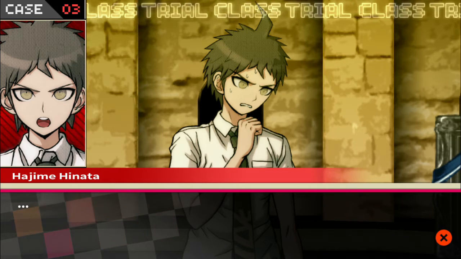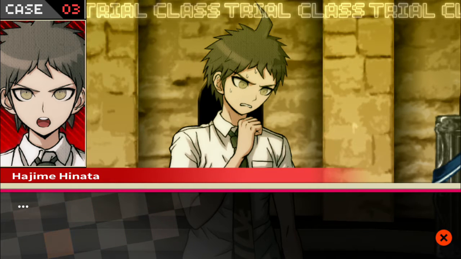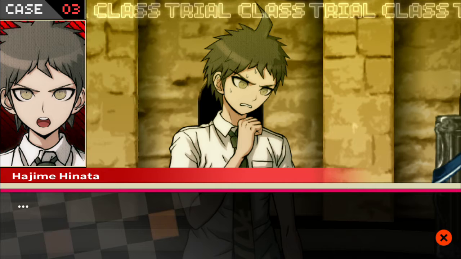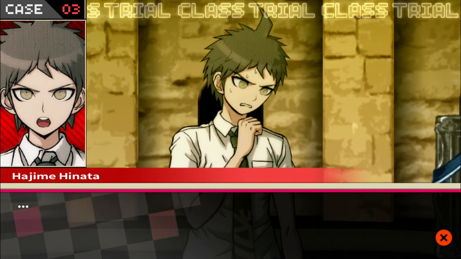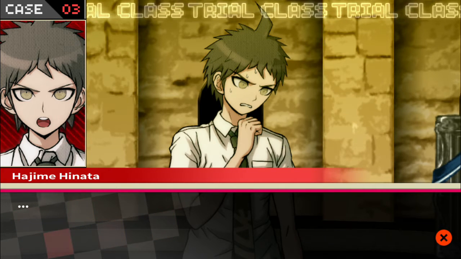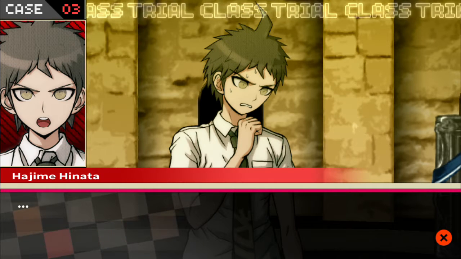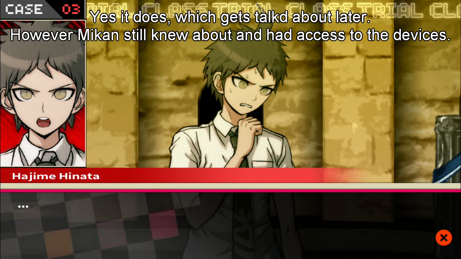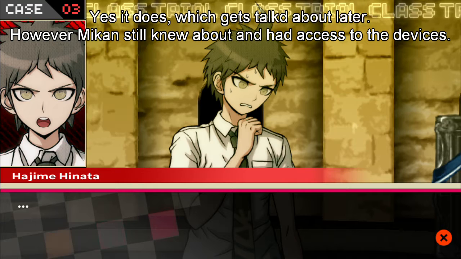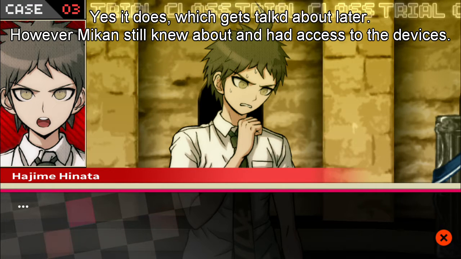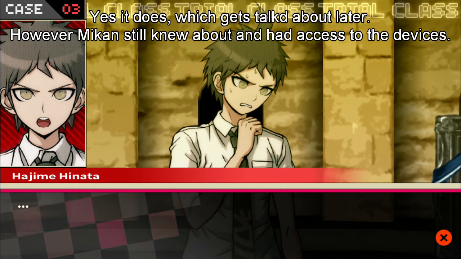Mikan could have figured it out. Mikan knew about this. Well, it doesn't necessarily have to be the ones that were used for the communication, actually. That's what I have to say. And so Mikan could have staged that in the conference room.